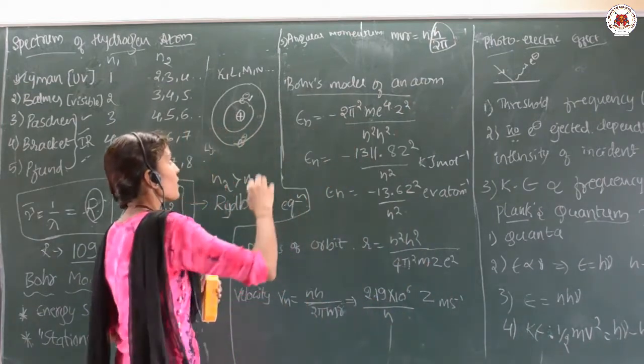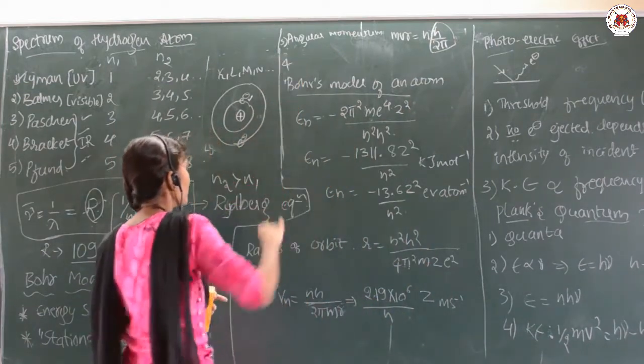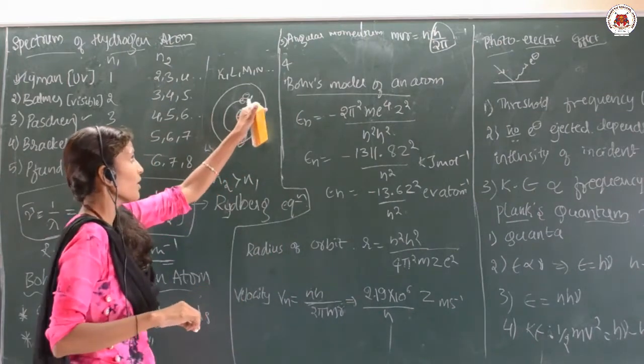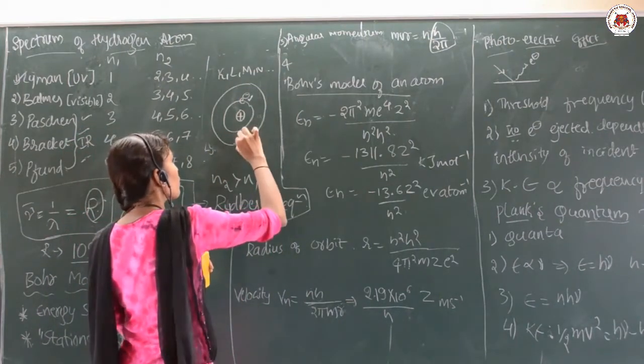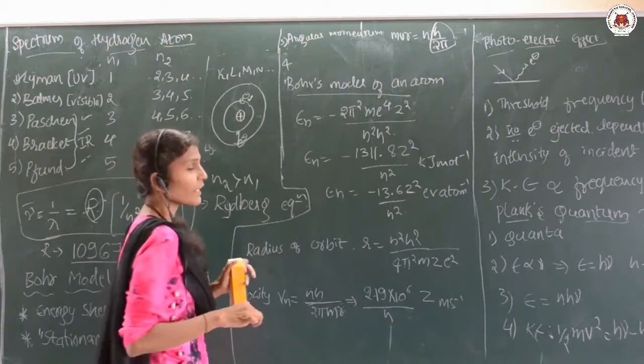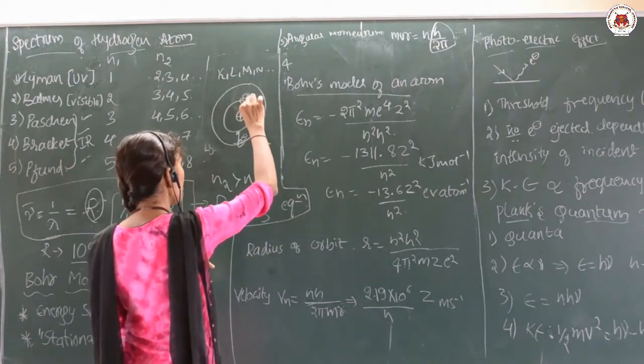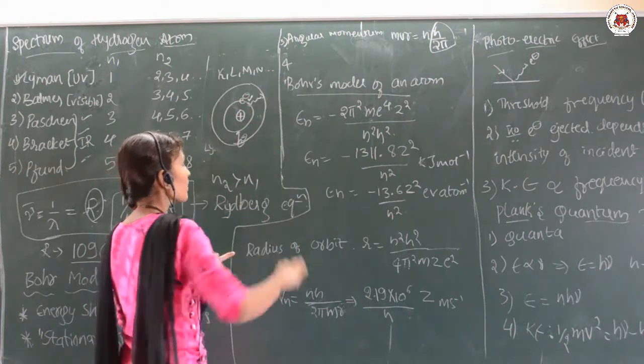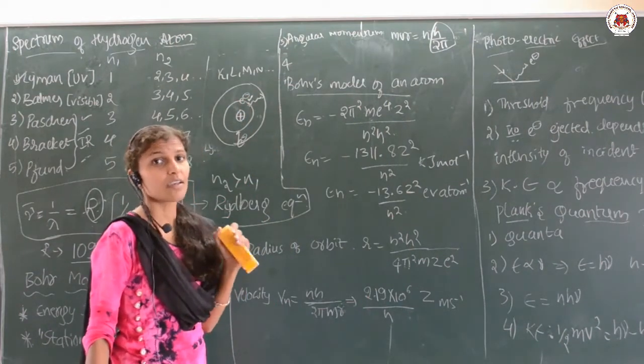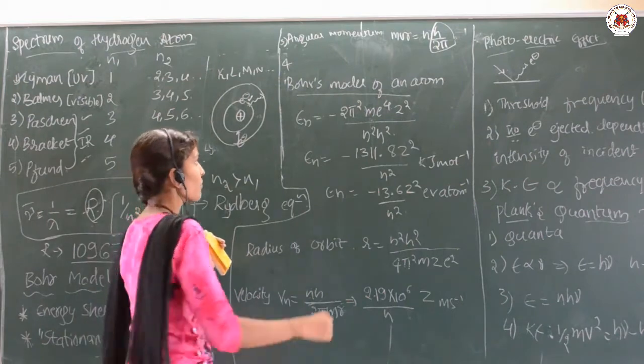Okay, and the electron jumps from a higher energy level to a lower energy level when it loses energy, or it jumps from lower to higher energy when it gains energy.